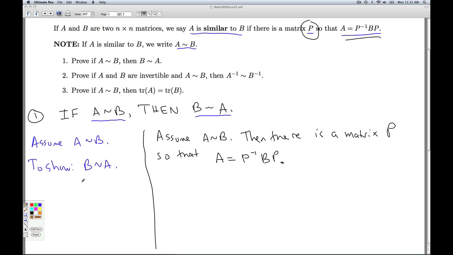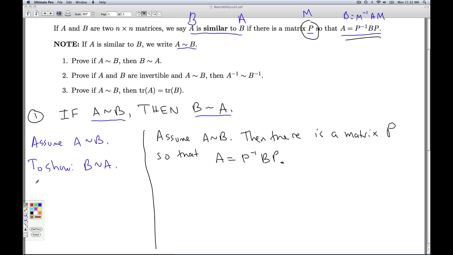Now I go back over here. What am I trying to show? I'm trying to show B is similar to A. Well, what does that mean? I go back to my definition. If I want to show that B is similar to A, then there is a matrix, I don't want to call it P because P is already being used, I'll call it M, so that B equals M inverse AM. So I'm just applying the definition to this new case.